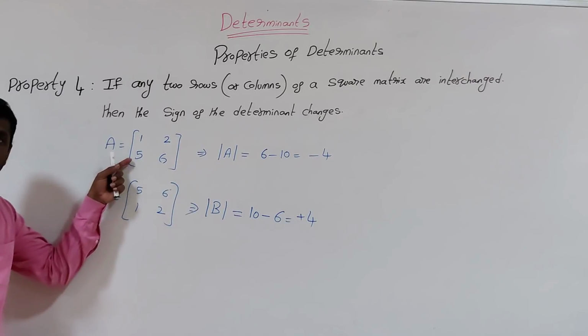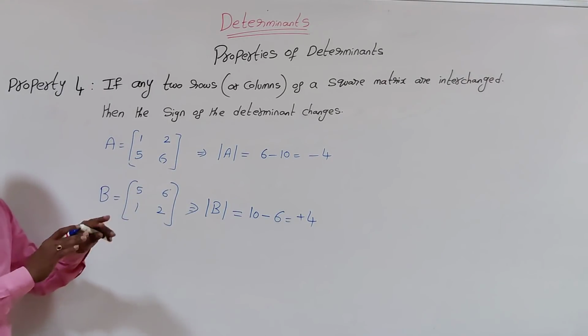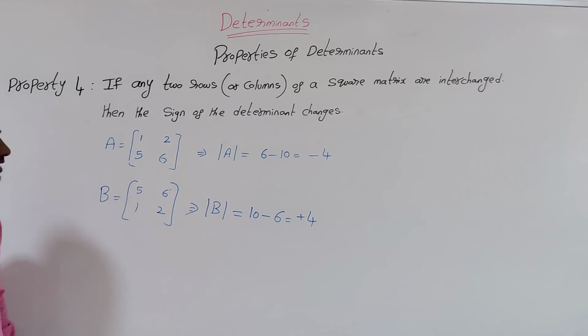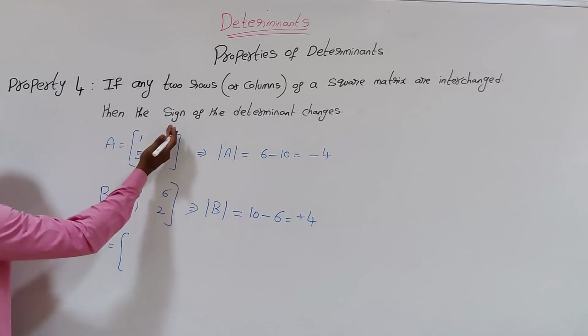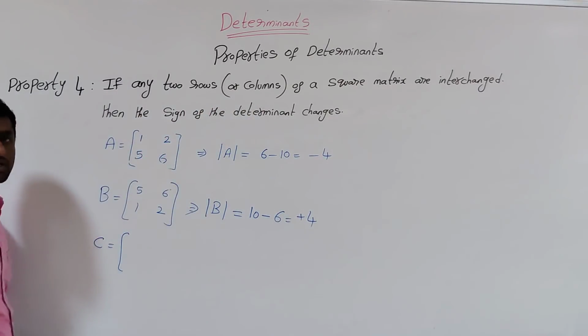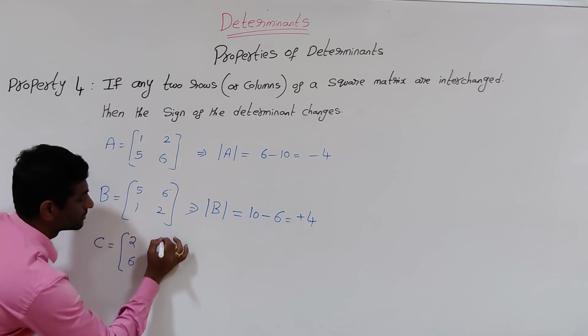Keeping in mind matrix A, here we have swapped the rows. Now we will swap the columns of matrix A. C is a matrix obtained by interchanging the two columns: 2 6 1 5.